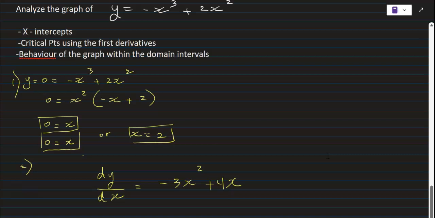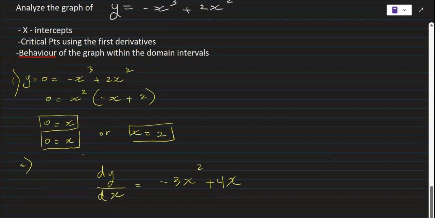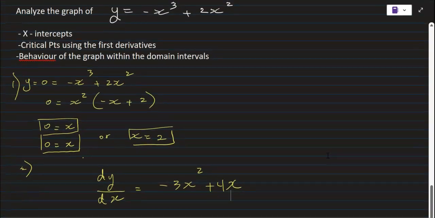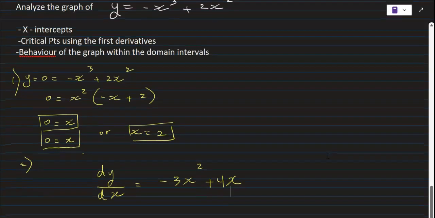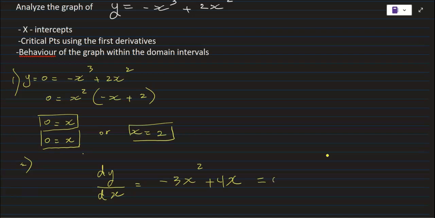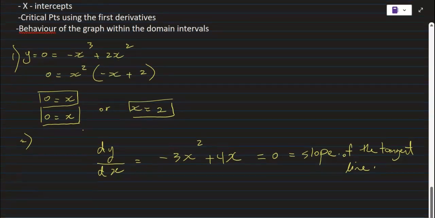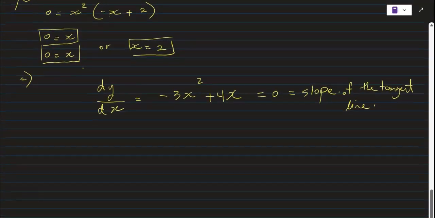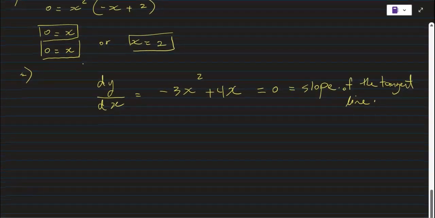Now remember, the derivative of a function is the slope of a tangent line to the curve. If we want to find the critical points, you need to set that equal to 0. That means the slope of the tangent line is equal to 0, and therefore we need to solve for values of x. Let's solve this.